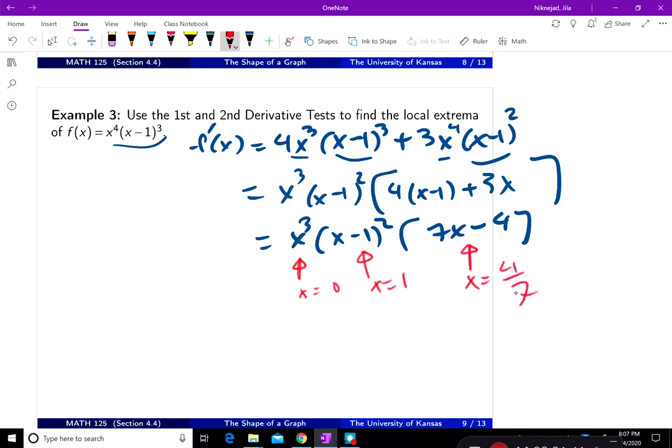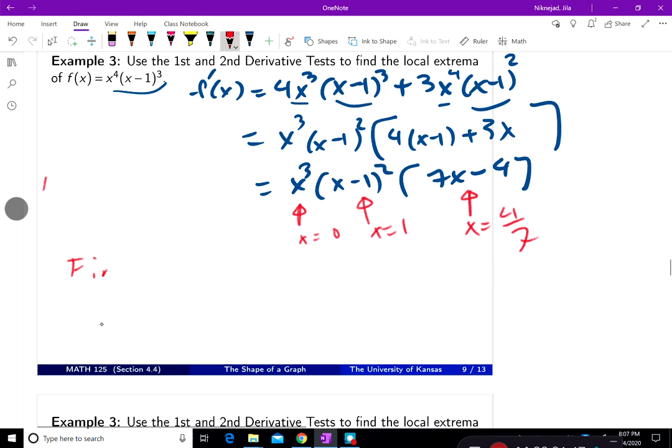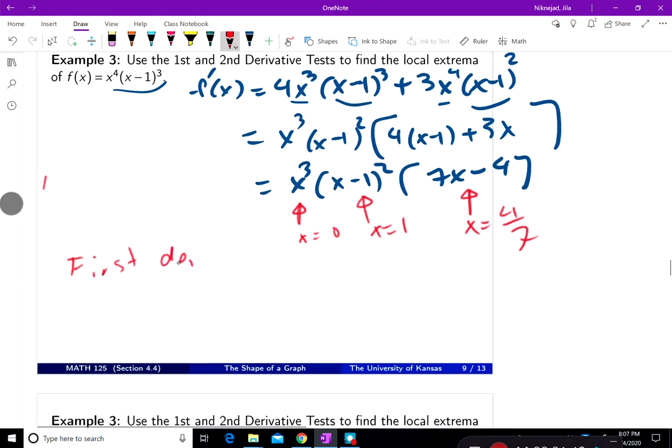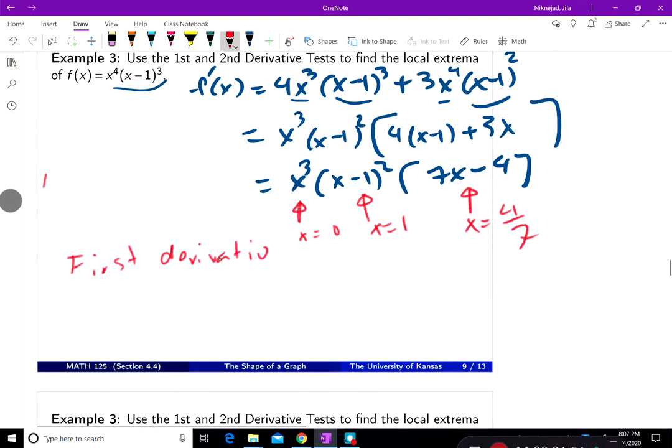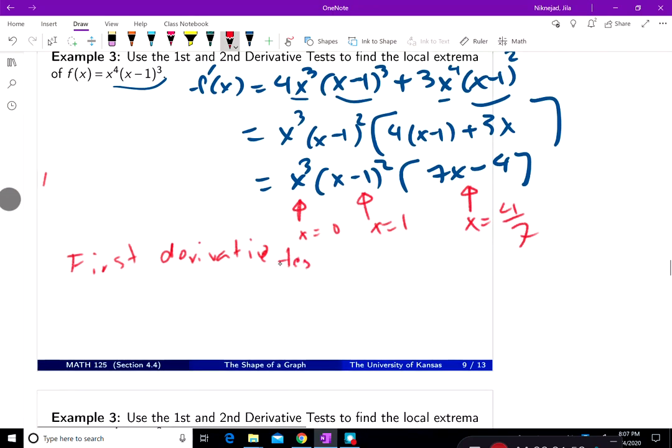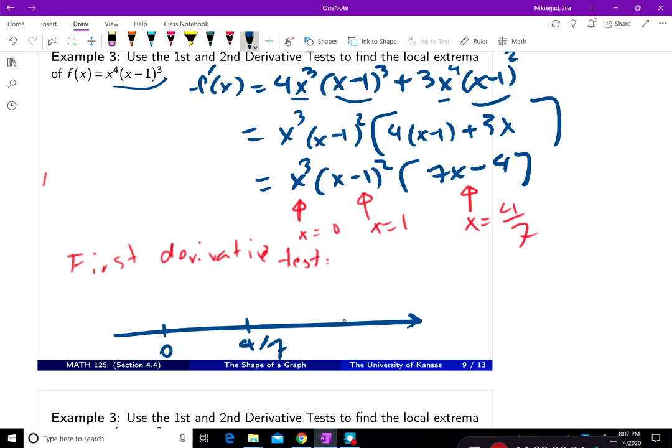Now that I have all the critical numbers, let's do the first derivative test. And how do we do that? You draw the number line and put in all the critical numbers in the order that they go. 4 over 7 is less than 1 and bigger than 0, so it goes over here.